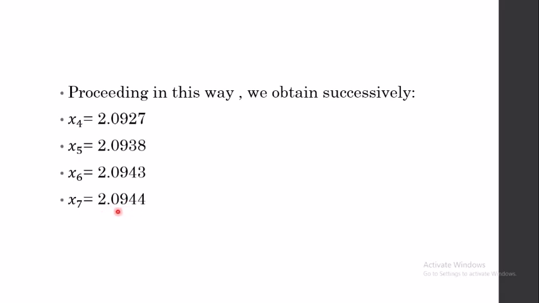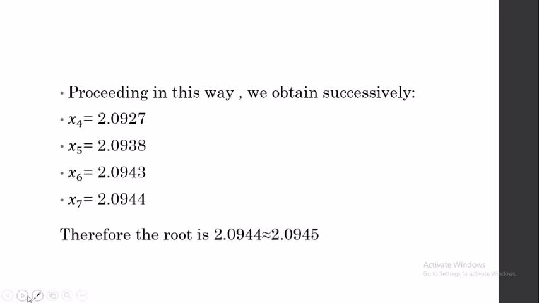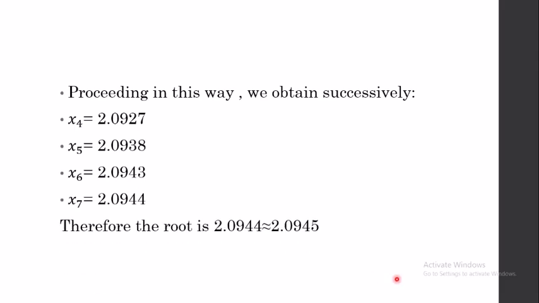So x7 is 2.0944. So in these two cases, that is x6 and x7, the sixth and seventh iteration, the first three decimal places in the root are almost the same, 094, 094. So therefore the root is 2.0944, or you can approximate it to 2.0945, but it's okay, the first three decimal places are the same, that is enough.